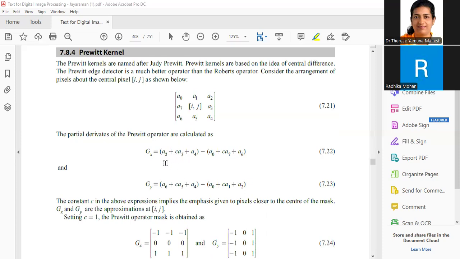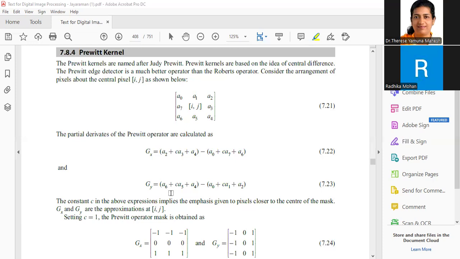Here you are taking the x coefficient, and this one is gy. gy should be a2, a3, a4, where a3 is multiplied by a constant c, then a4 minus a0, ca7 plus a6.